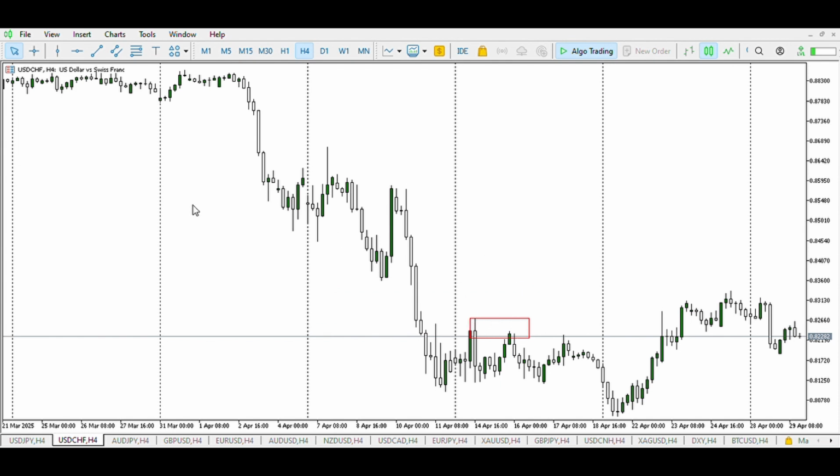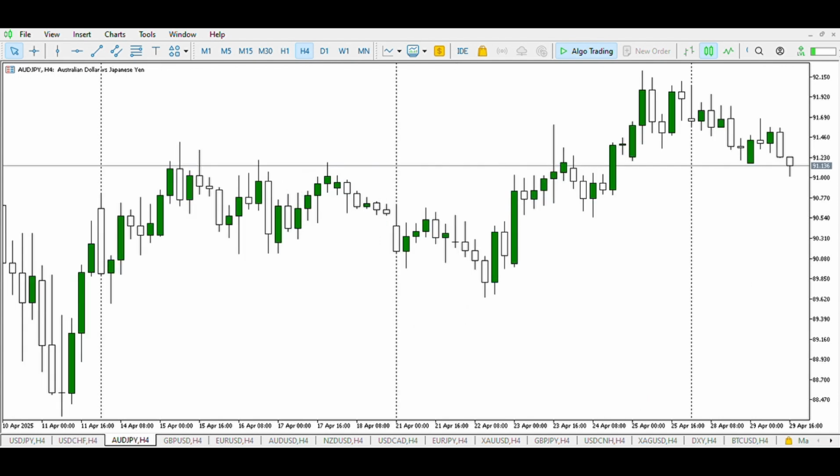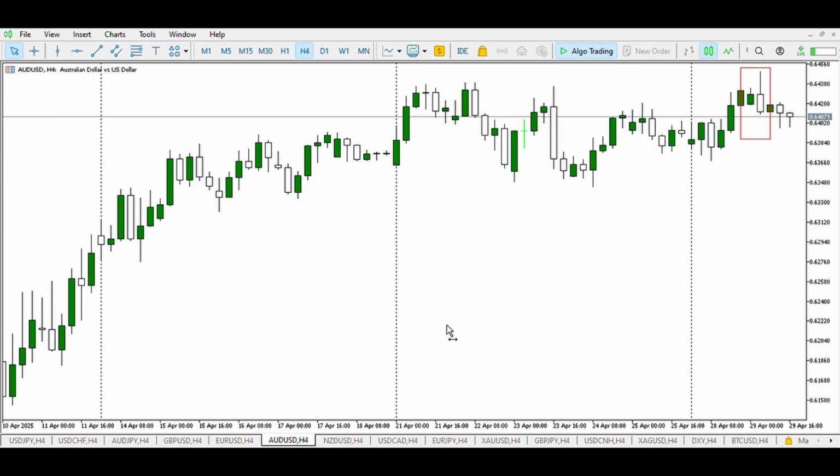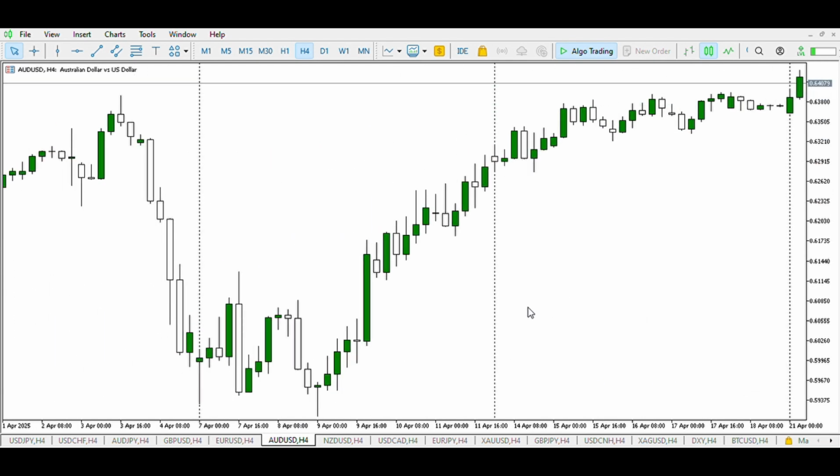So let us move further to refine more, to learn more and understand better order block refinement and how you can incorporate it in your entry strategies for better entries.